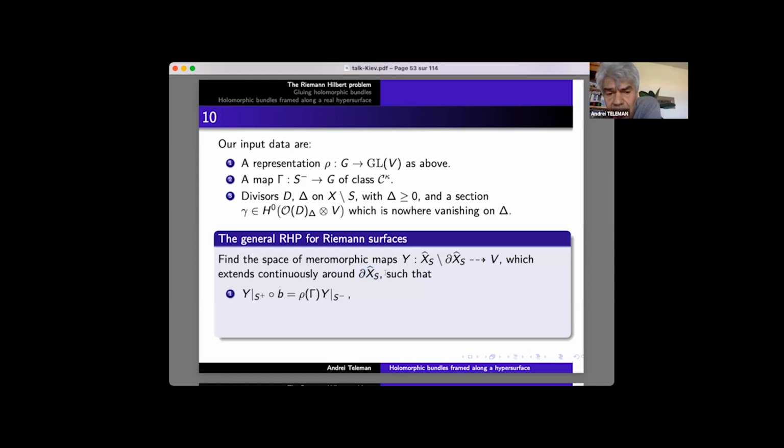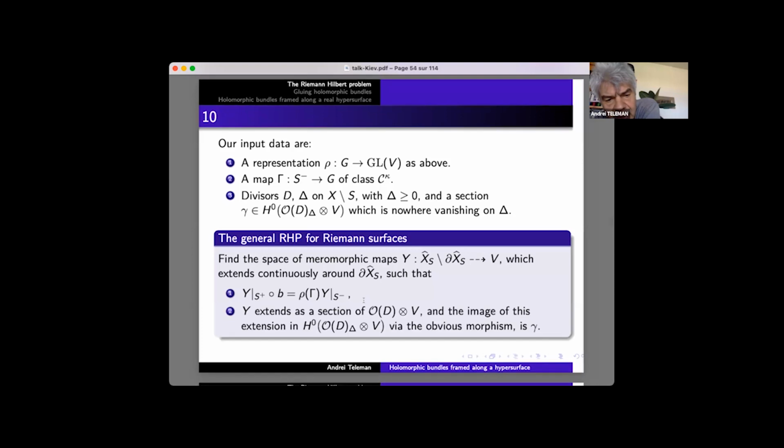Denoting by the same letter this continuous extension around the boundary, I require again a compatibility condition between the restrictions of Y to the two pieces of the boundary, which are identified via B. Very natural. After seeing that, I realized that it's more natural to work in this general framework with non-separating curves than in the classical framework. Okay, and then I ask a natural condition, which corresponds to the growth behavior of Y plus, if you remember.